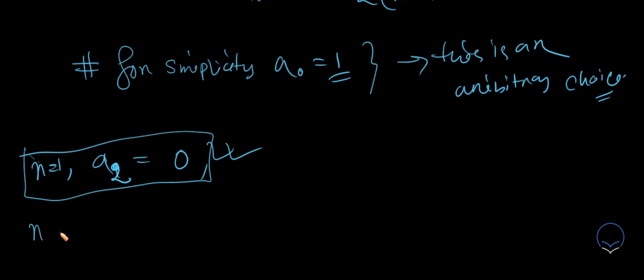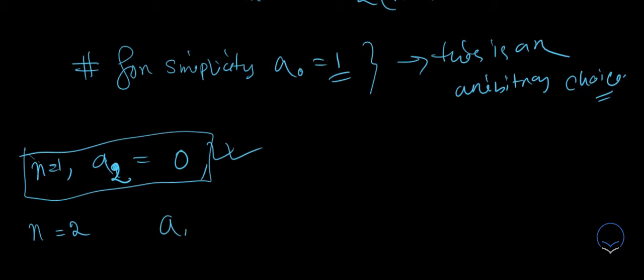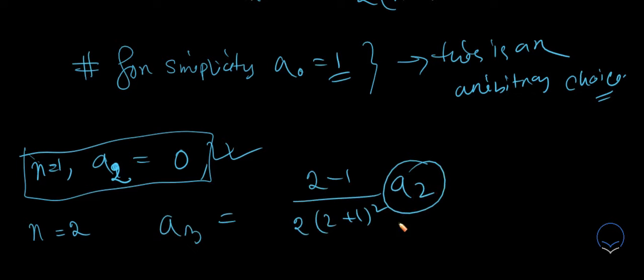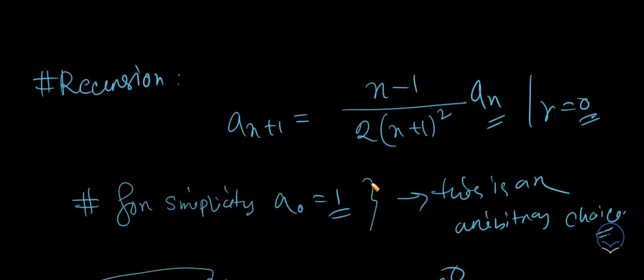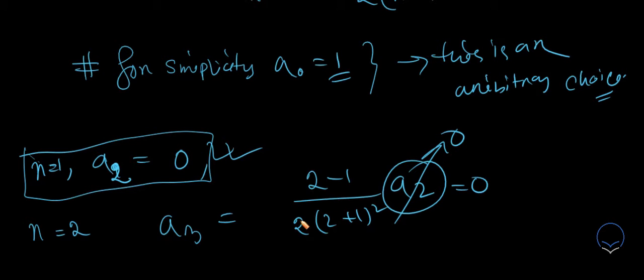So this a2 is 0, so when you put n equals 2, you will have a3 in terms of 2 minus 1, 2 into 2 plus 1 whole squared times a2, but a2 is 0, so a3 is also 0. Similarly a4 will be 0, a5 will be 0, and all that. So you can see that all the terms are getting eliminated.